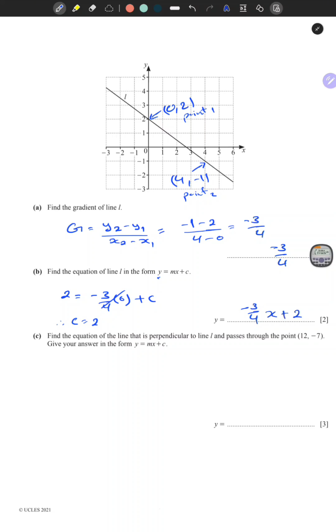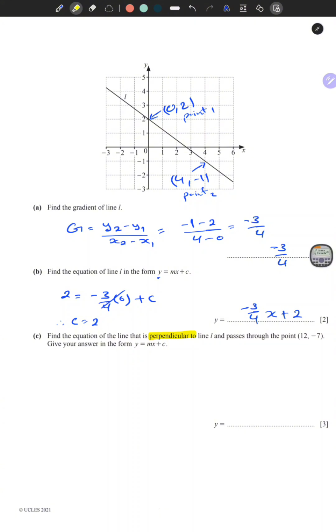C, find the equation of the line that is perpendicular to line L and passes through the point (12, -7). Give your answer in the form y equals mx plus c. Whenever the question says perpendicular, I should use the rule of parallel and perpendicular gradients to find the new gradient.